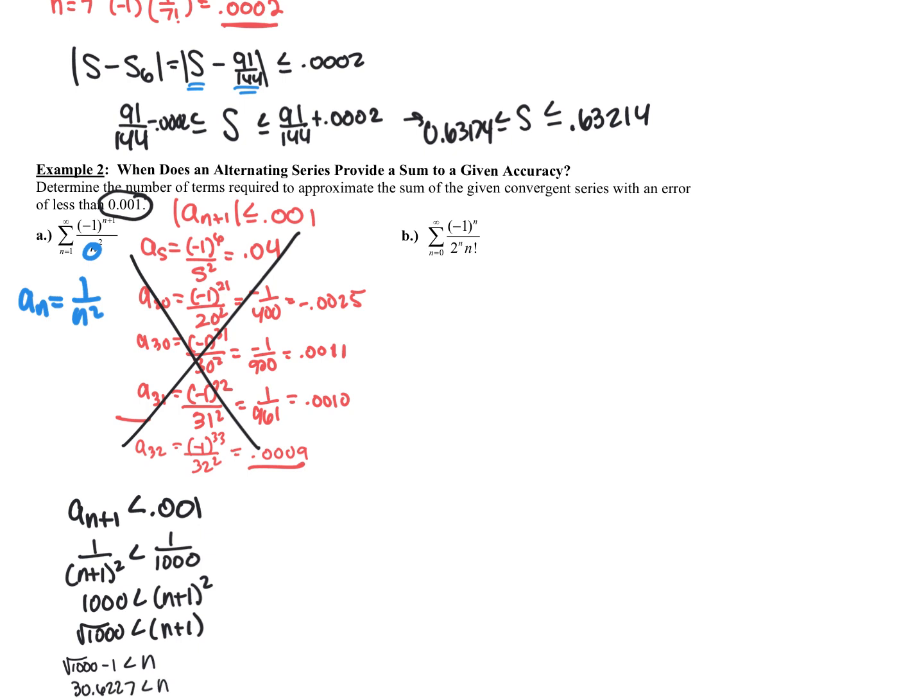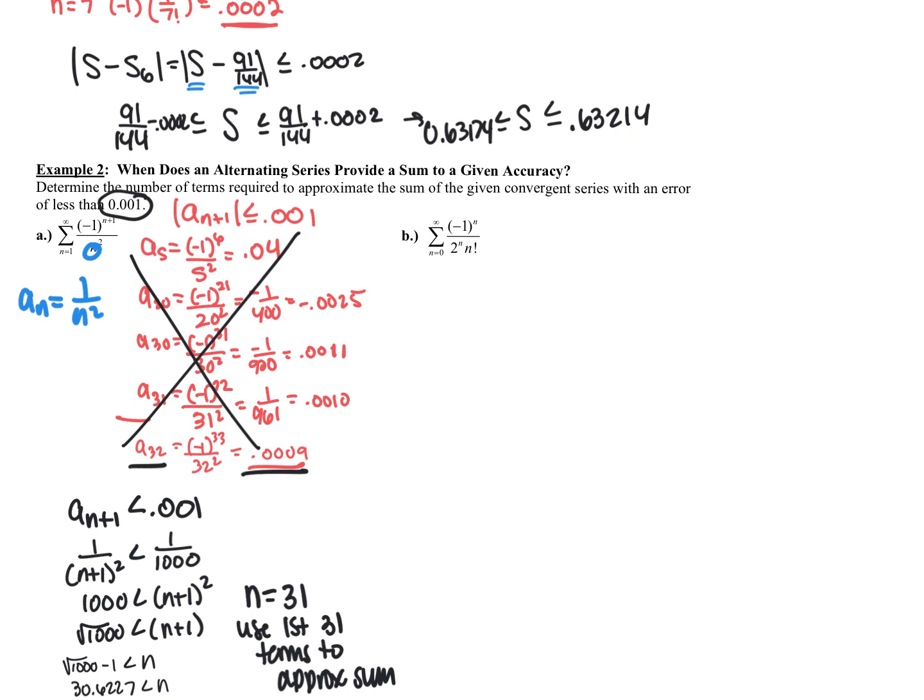So n needs to be bigger than 30 point blah, blah, blah. So n can be, well, 31 will be the next whole number bigger than that. So we need to use the first 31 terms to approximate the sum. And if you add up the first 31 terms, then the 32nd term here will be less than 0.001. And so then we know that our error will be less than that because of our theorem.